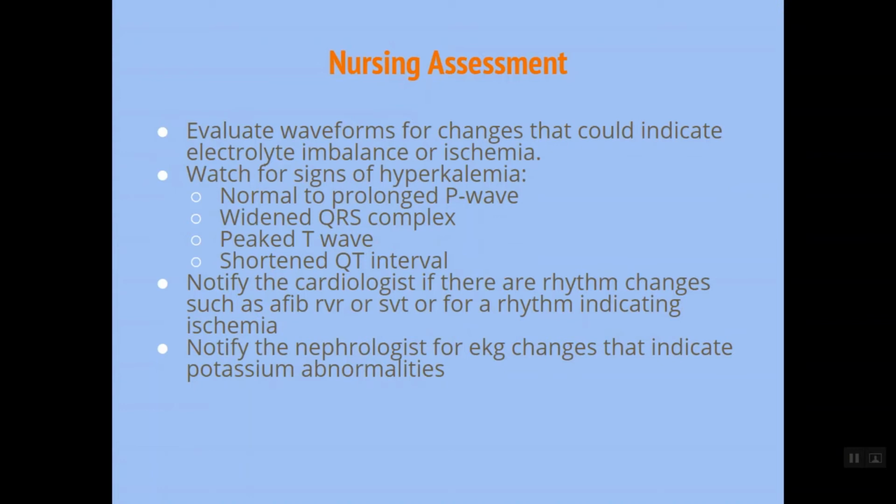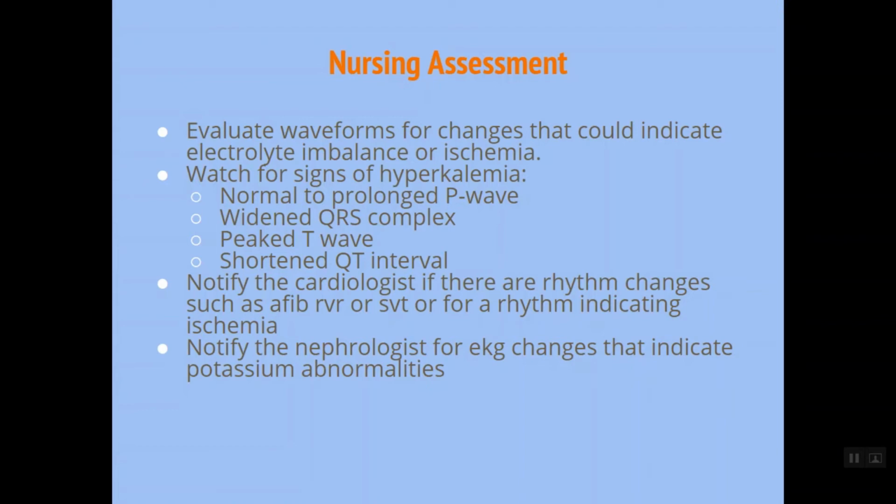So for your EKG, you're going to evaluate your waveforms for changes that could indicate any electrolyte imbalance or ischemia. So one electrolyte imbalance that is more at risk for these patients is hyperkalemia, because just because the kidney is transplanted and making urine doesn't always necessarily mean that the kidney is filtering.